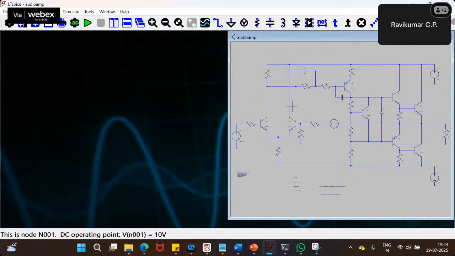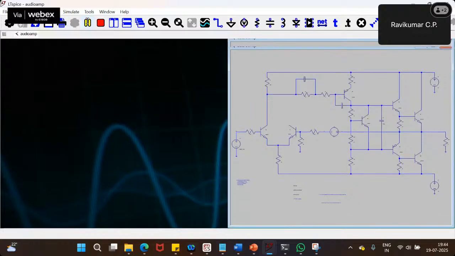For example, what if this wire was broken? Let us say this wire was broken, right? Then obviously the output will be very different.